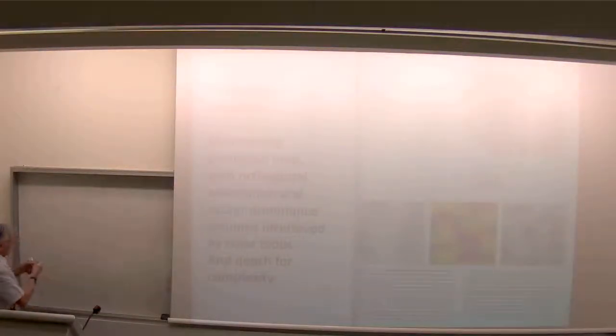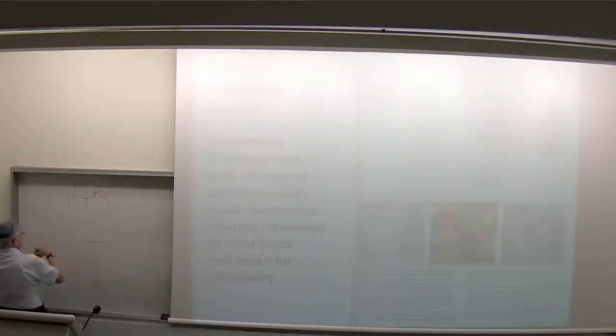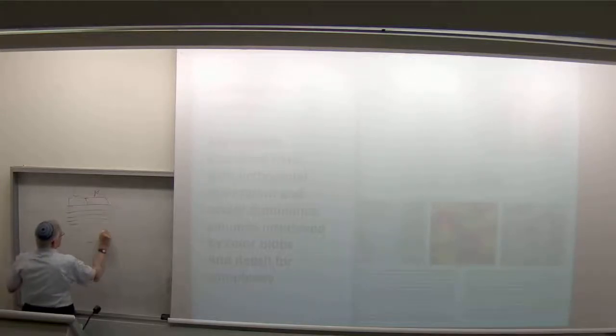So the typical picture is we have a left eye and a right eye, and we have different orientations: vertical, oblique, horizontal, vertical.